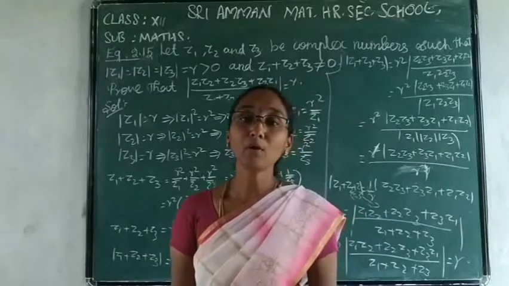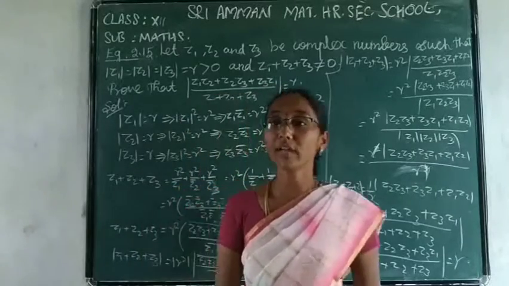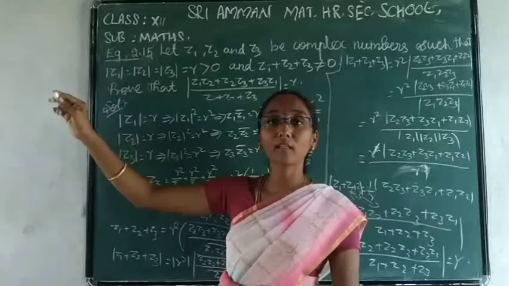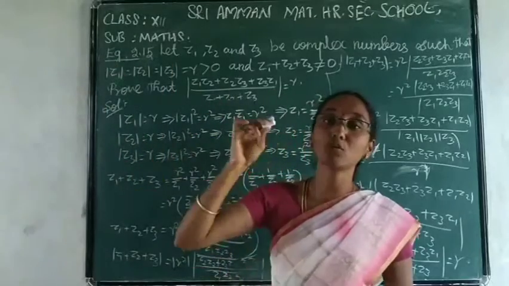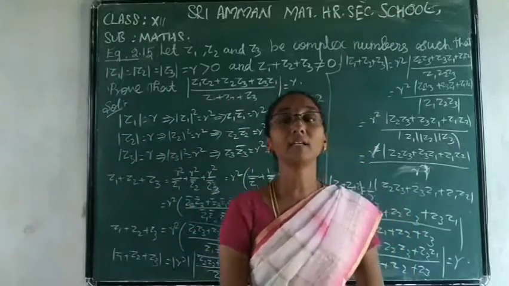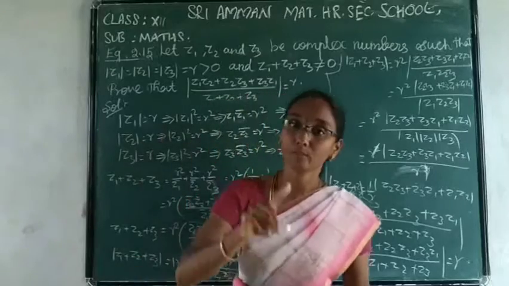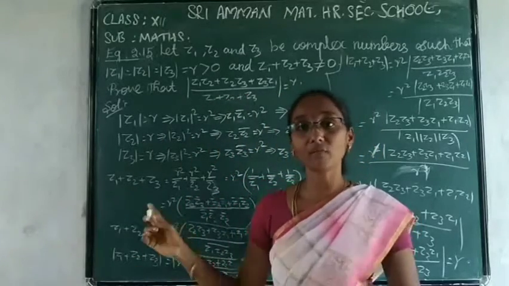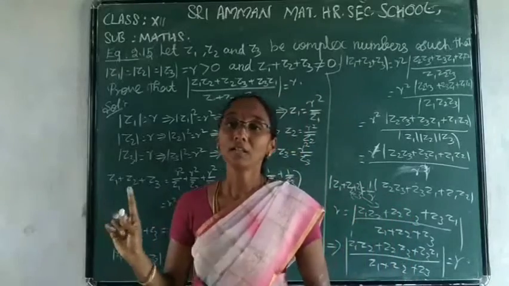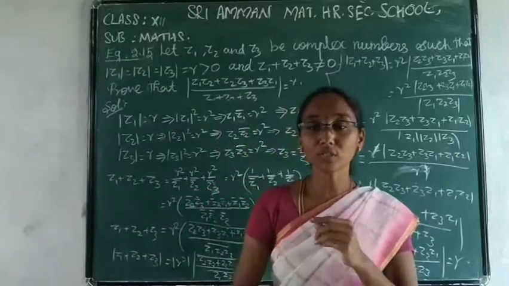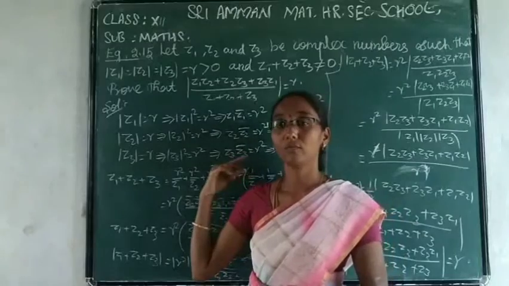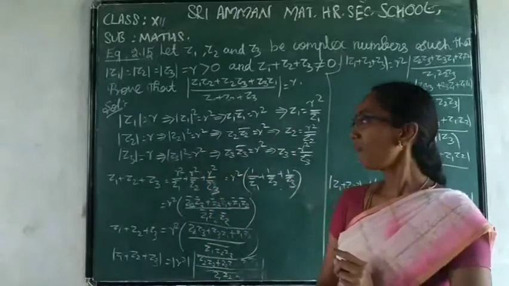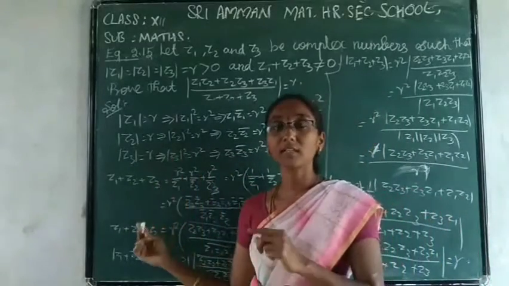In this type of question, you write modulus of Z1 equal to R, modulus of Z2 equal to R, modulus of Z3 equal to R, and then taking square, modulus square equal to Z into Z bar. So write in the form of this one, and then you find out the Z1, Z2, Z3 values. Next, Z1 plus Z2 plus Z3 is added.